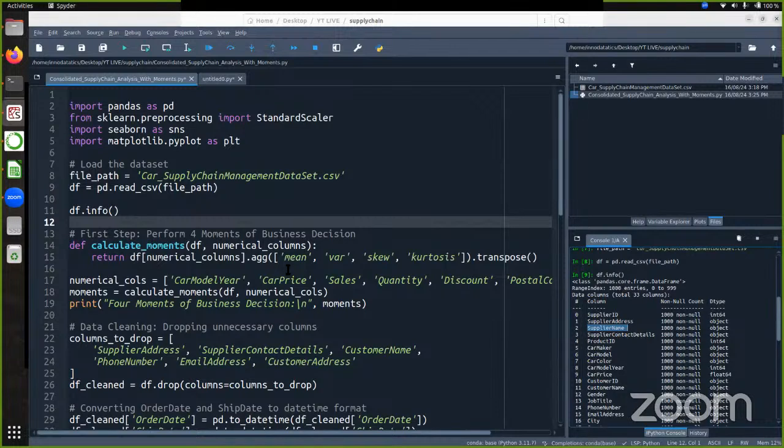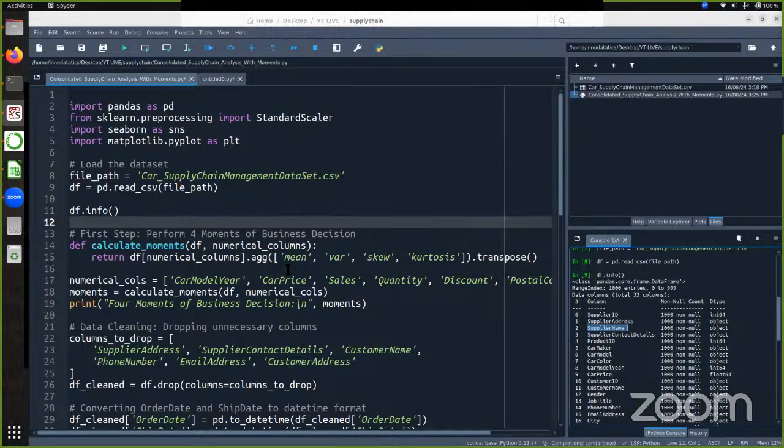The second moment business decision is our measures of dispersion. What are the different measures that we have for dispersion and how can we utilize those measures? The different measures of dispersion that we have are variance, standard deviation, and range.